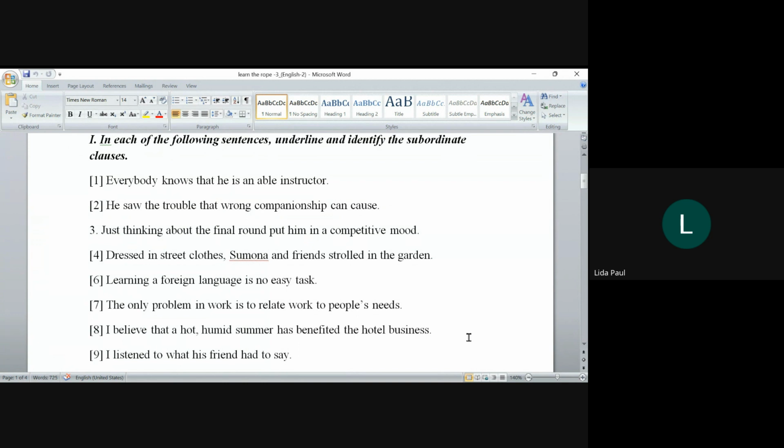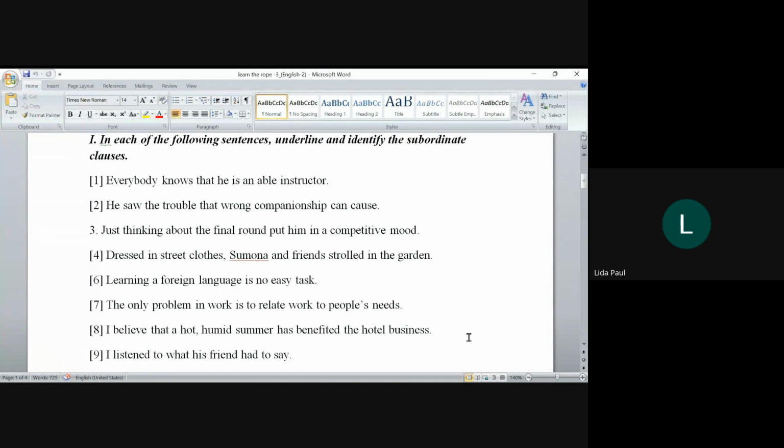This is what I was saying, that you can find your subordinate clause either in the subject part of your sentence, or you can also see that in the object part of your sentence. Get this? We'll see examples where it appears in the subject, but this is an example where your subordinate clause appears in the object part.